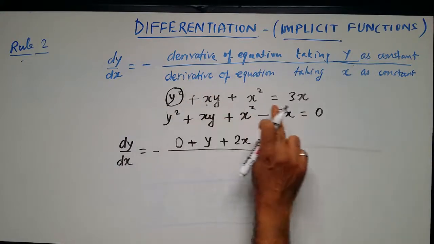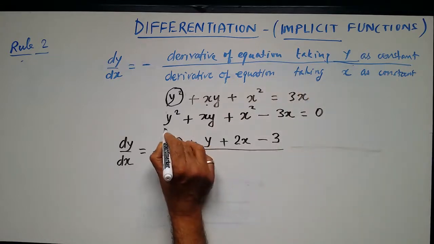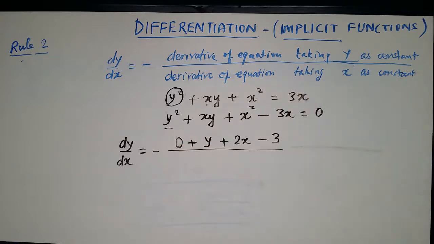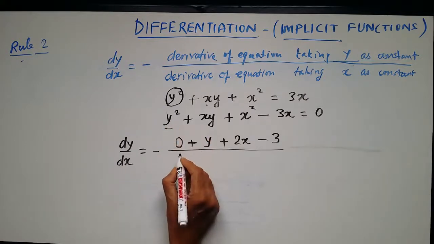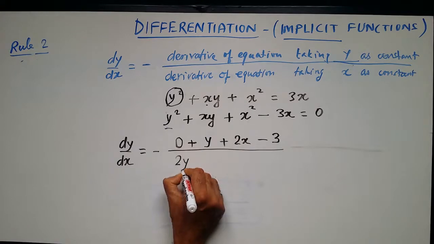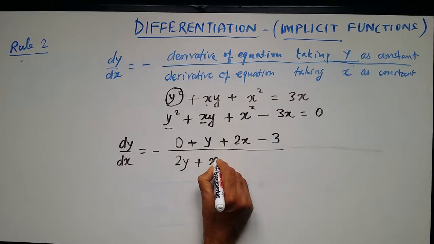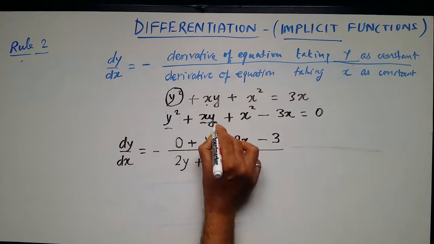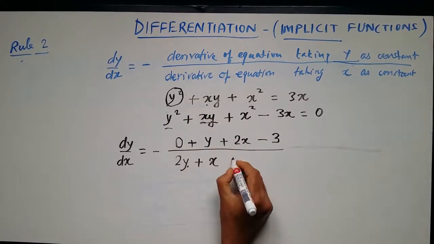Now let's take the same equation again, taking now x as a constant. So now if x is a constant, there is nothing here, so we just have to find the derivative of y squared. There is no x term here, so this is 2y. Now x is a constant here, so x remains as it is. We are going to find the derivative of y. So the derivative of y is 1.